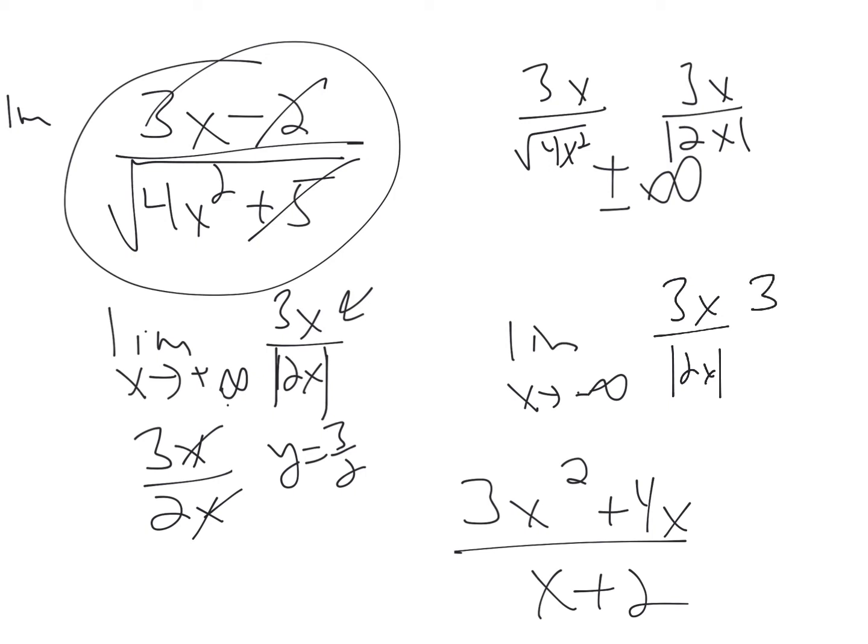So this is 3 times a negative big number, over 2 times that same big number, but it's positive. In this case, won't it be negative 3 over 2, is what I'm trying to get you to see? Because going out to negative infinity, that numerator becomes negative. The denominator is always positive because of the absolute value.